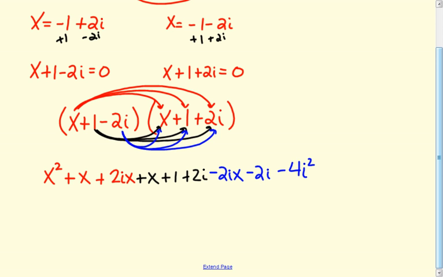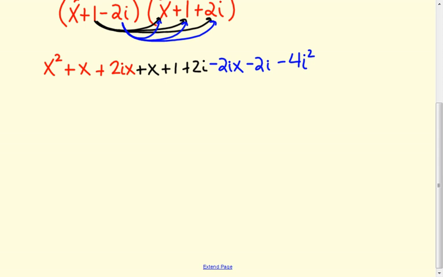Okay, so hopefully we're getting this. Now what we want to do is combine like terms and cancel anything out that we can. Luckily, these two here will cancel and these two here will cancel. So that helps. Now what you have left is x squared plus, I can combine these two, x plus x makes 2x.